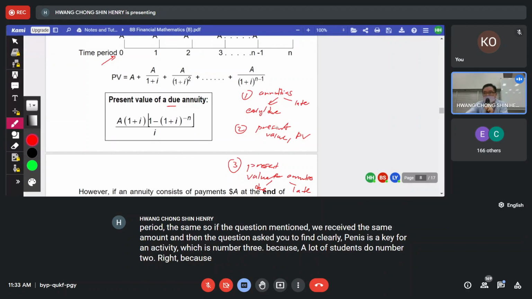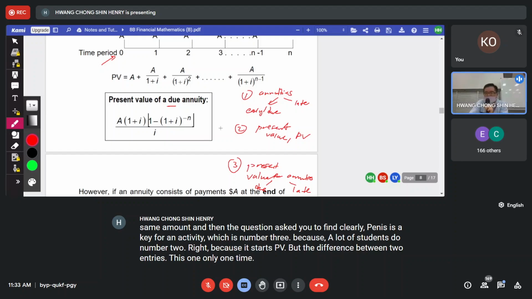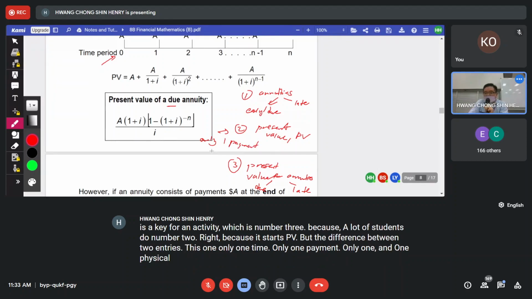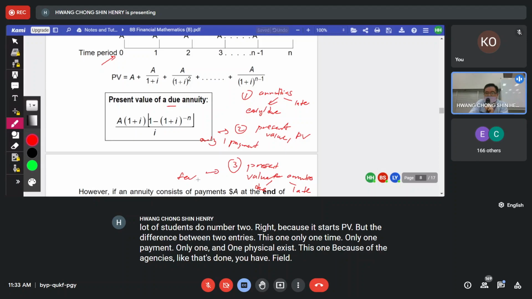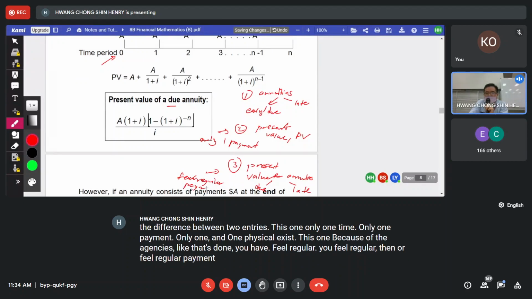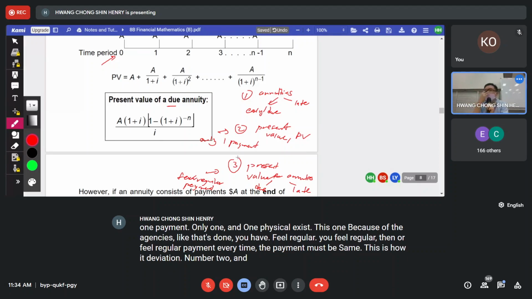Why? Because they think it's PV. But what is the difference between 2 and 3? This one is only one time, only one payment, or one principal that you save. This one, because of the annuities, like just now, you have a few regular, same-amount payments. Every time the payment must be the same. This is how you differentiate number 2 and number 3.